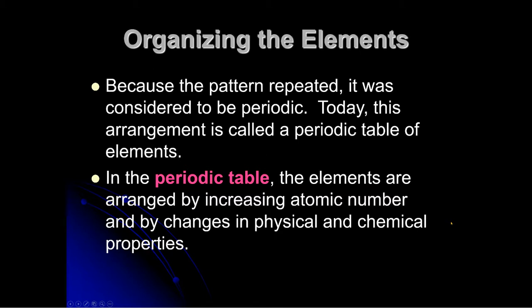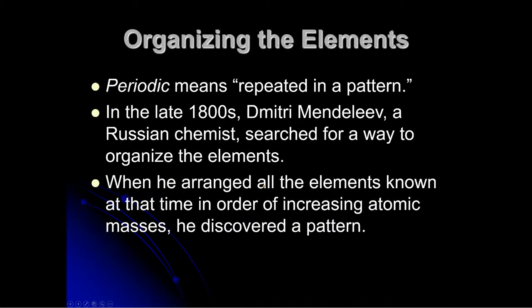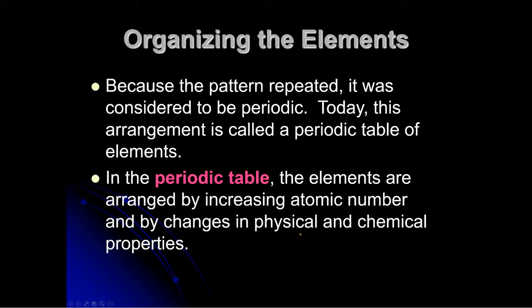In the periodic table, the elements are arranged by increasing atomic number and by changes in physical and chemical properties. Now, remember, the original was by the atomic mass. Okay, but as we discovered more and more elements, we ended up having to change it to the atomic number for it to work out right.